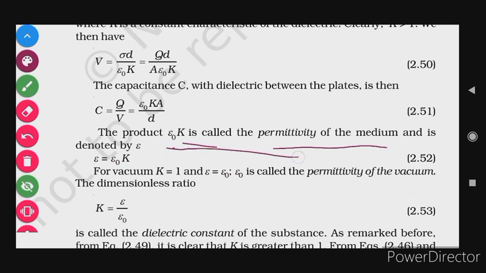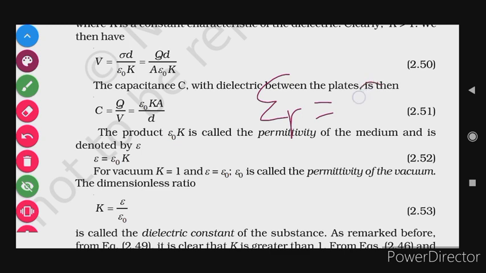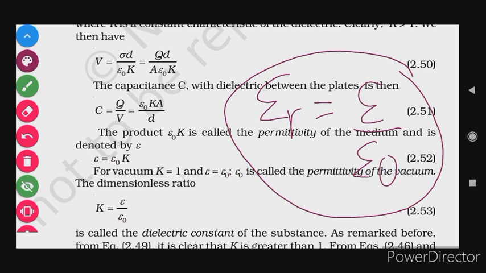We have also defined epsilon r, that was epsilon upon epsilon naught, the relative permittivity, okay. That was the ratio of the permittivity of the medium and the permittivity of free space. So this epsilon r is also equivalent to the dielectric constant, okay.